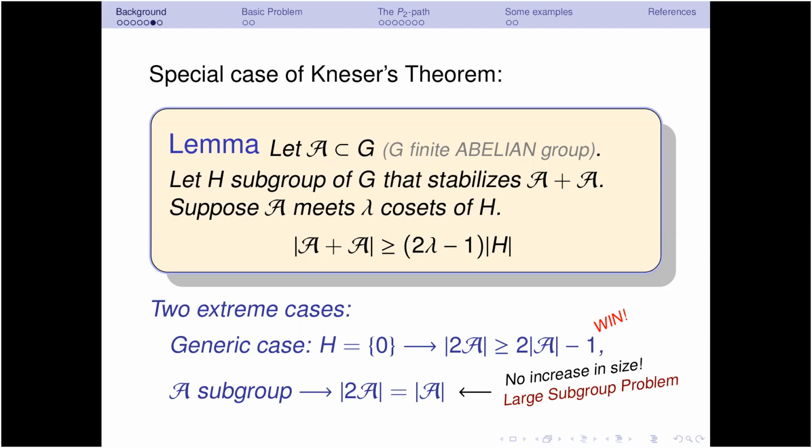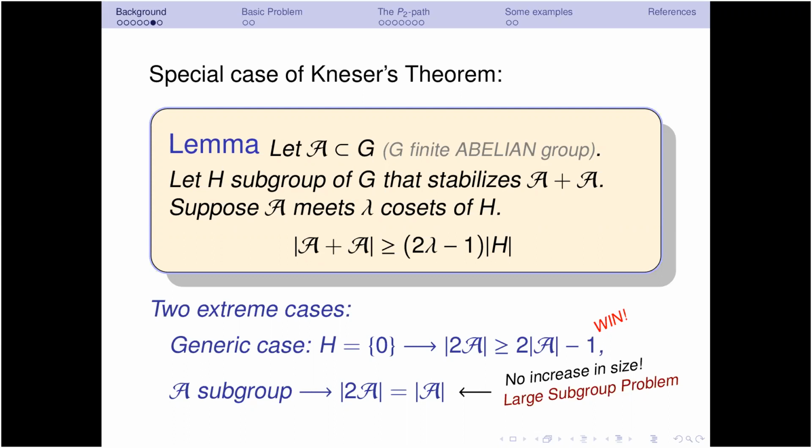In fact, in Z, if you use a finite set and you look at A plus A, A plus A has a size at least twice the size of the initial set minus 1. The difficulty is that if you are in a group which has subgroups, and your set A is already a subgroup, then A plus A is the same subgroup. So you do not increase the size of this set.